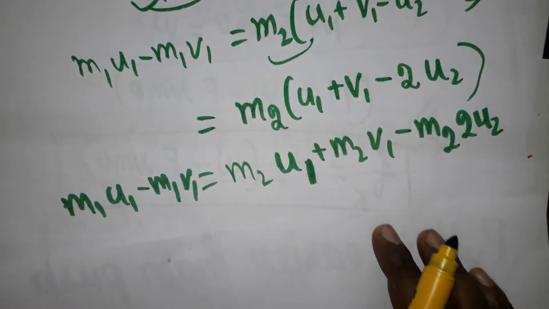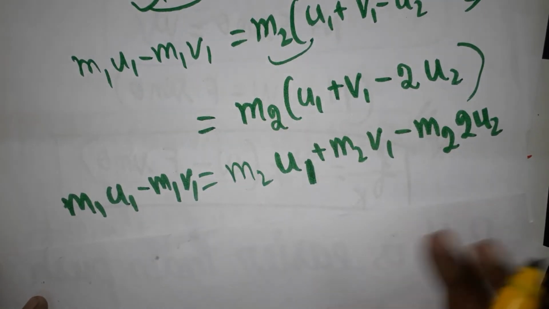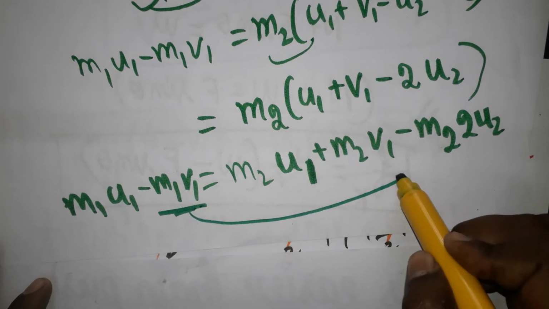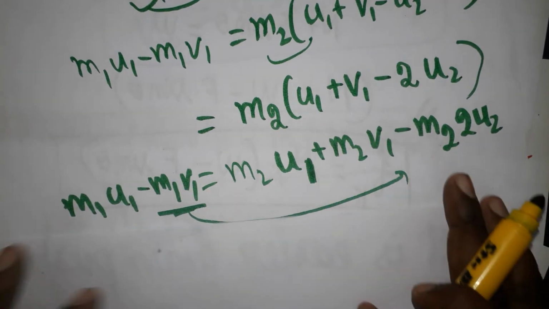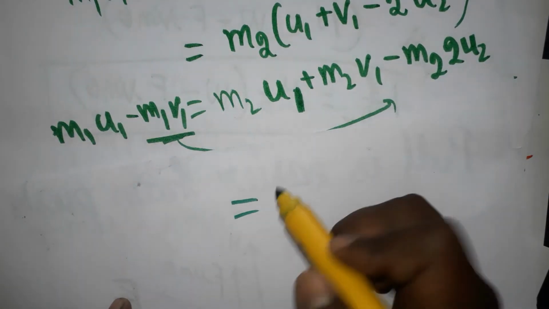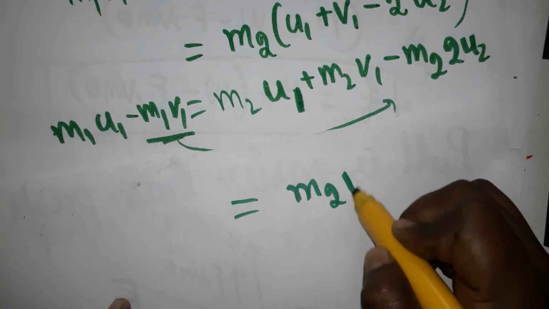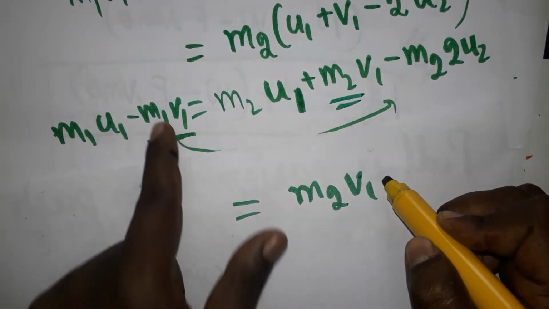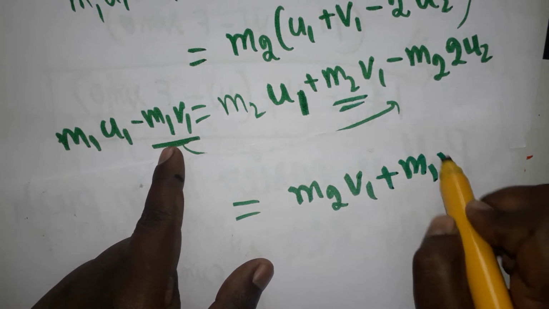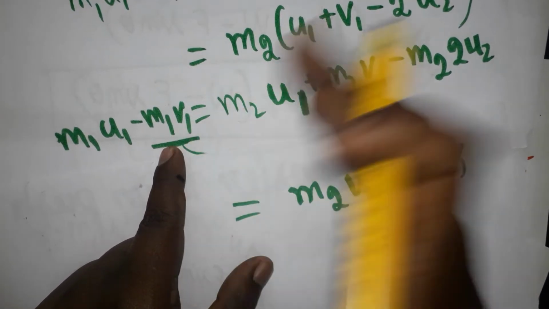Now we are finding v1. Bring all the v1 terms to one side. So this v1 I am bringing to this side; negative is going to become positive. So m2 v1 plus m1 v1 is on the left side to the right side.